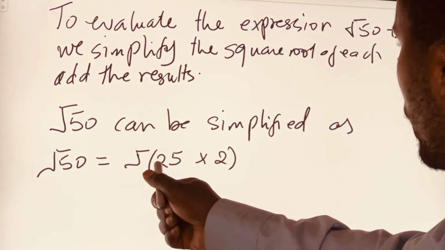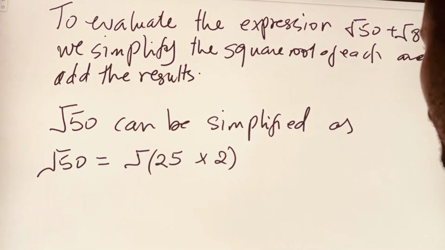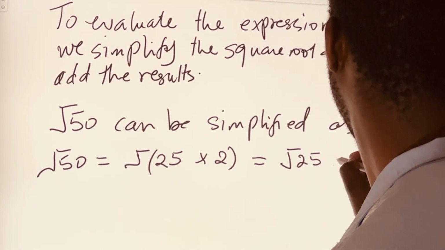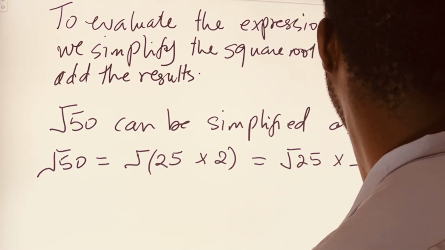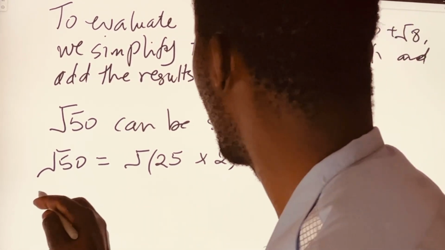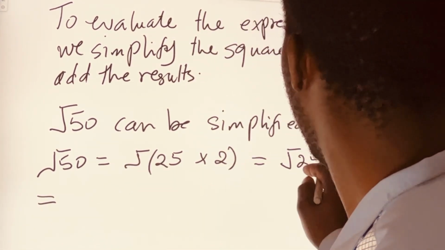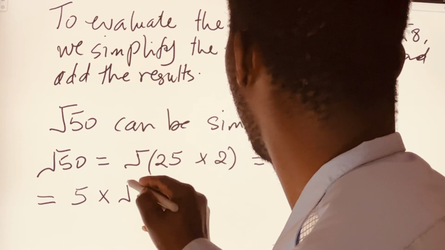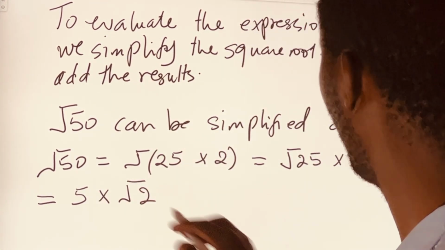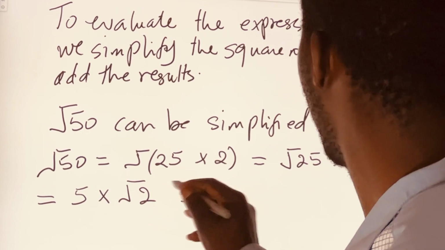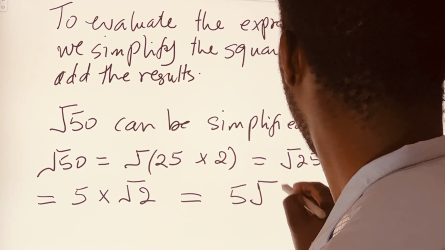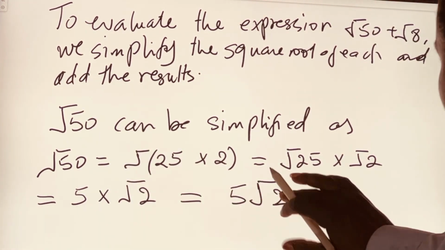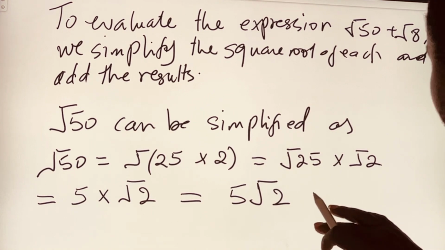This is because when you multiply 25 times 2, you get 50, which is the same as square root of 25 times square root of 2. So this is going to give us, square root of 25, you're going to get 5 times the square root of 2. Finally we're going to get 5 square root of 2. So which means that the square root of 50 can be simplified like this.